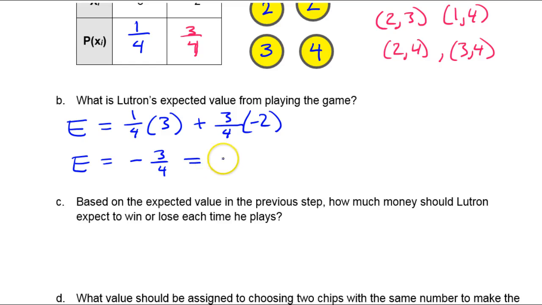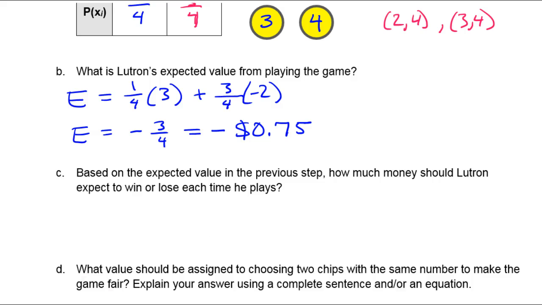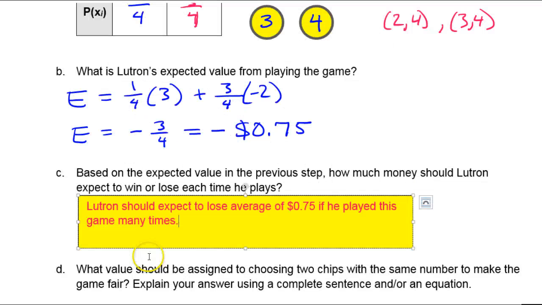So this is negative 75 cents. So Latron should expect to lose an average of 75 cents per game if he played this game many times.